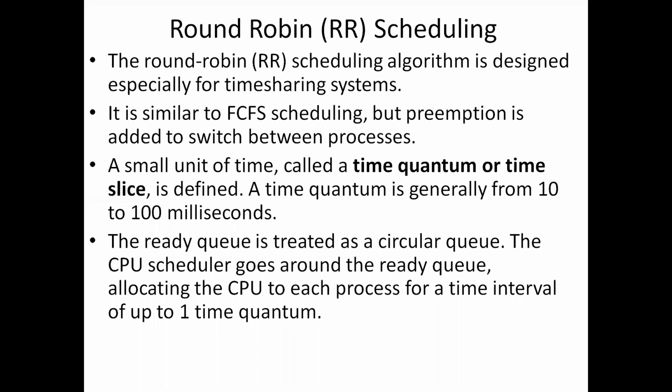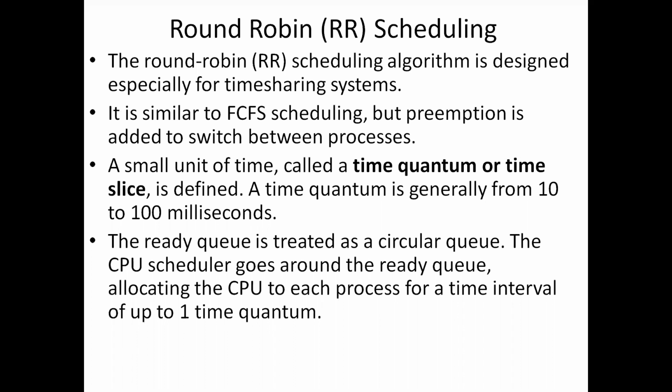A process need not wait for any priority, and the scheduling is not based on shortest burst time. Every process will get the CPU after some time slice. So the ready queue is treated as a circular queue.